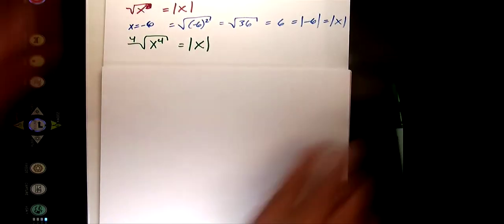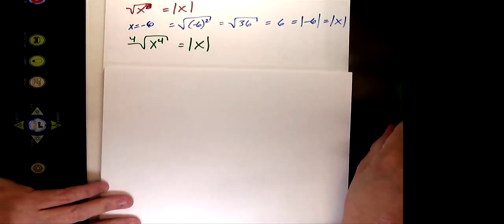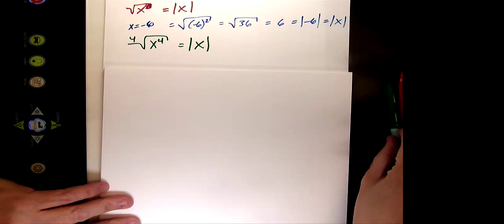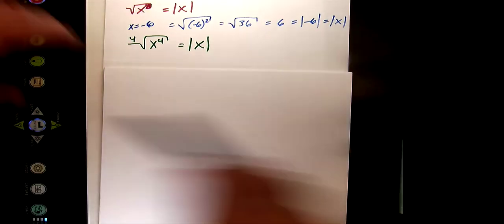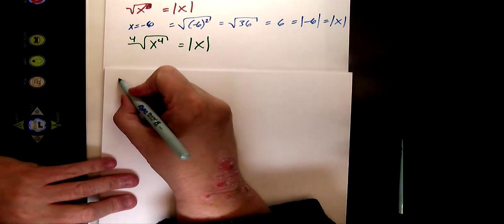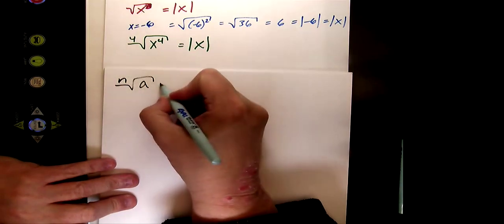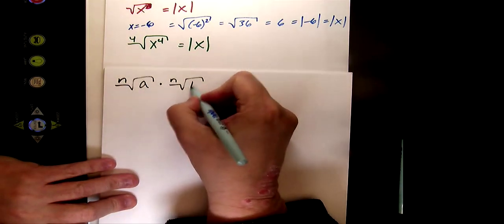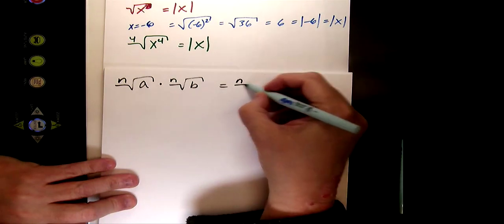All right, a lot of rules to remember here. More rules. The nth root of a times the nth root of b is the nth root of a times b.